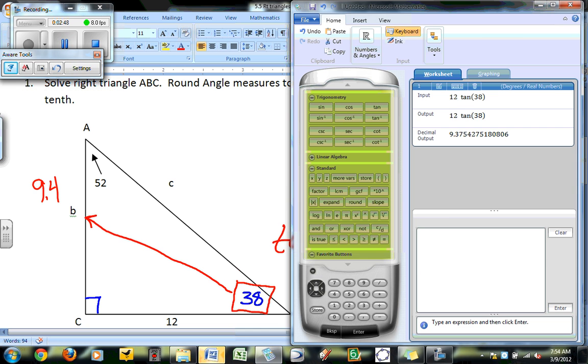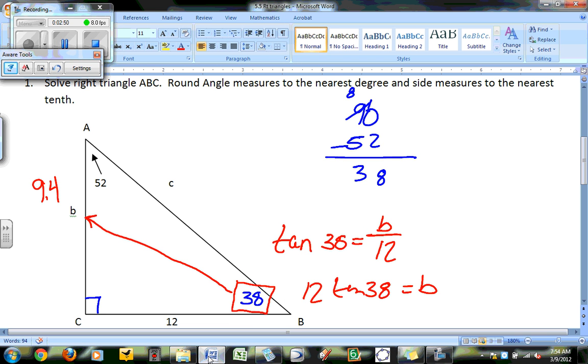So from that, now we can find c. We have two options. I'm going to use trig, but you have the option of the Pythagorean theorem: 9.4 squared plus 12 squared equals c squared. I'm going to use the angle 38 as well. Now, 9.4 is a rounded measure, so I don't want to use it to find this side length.